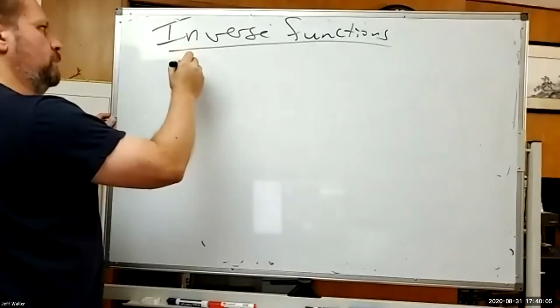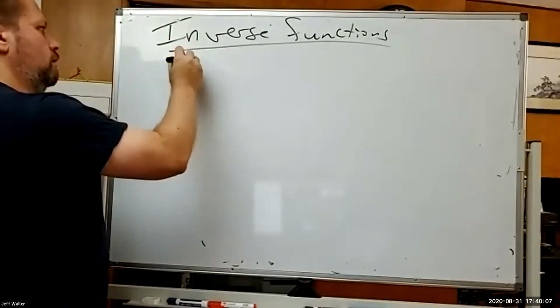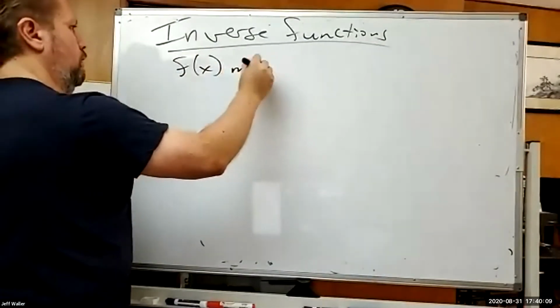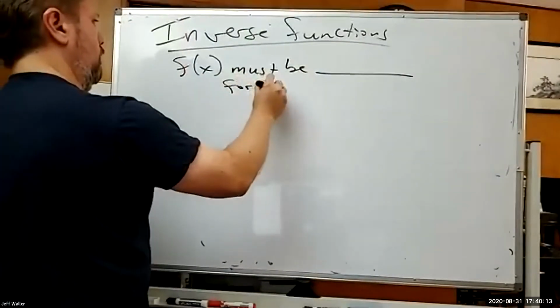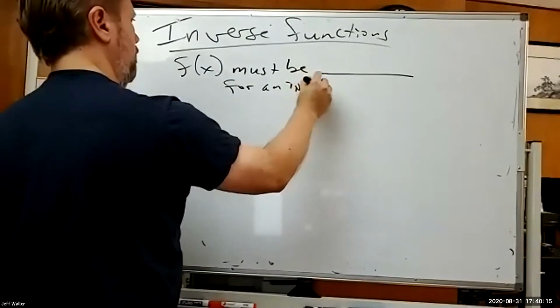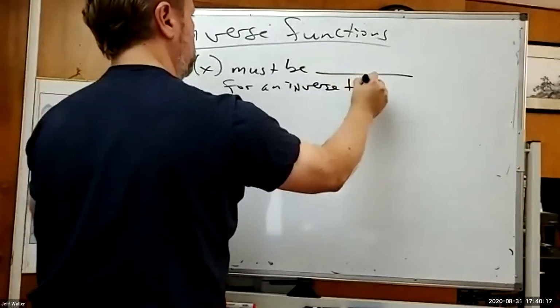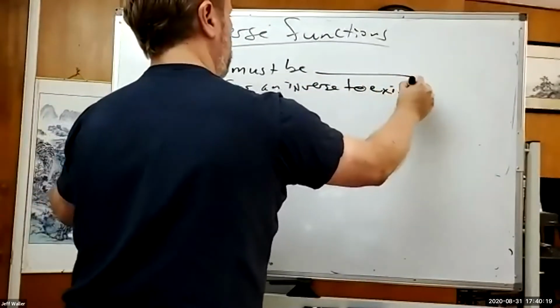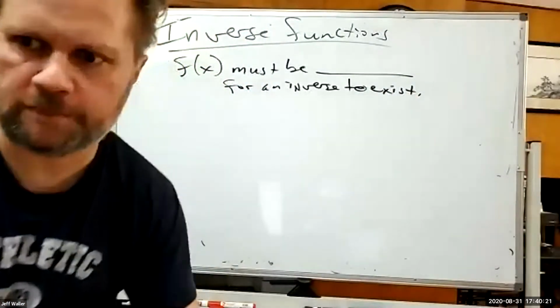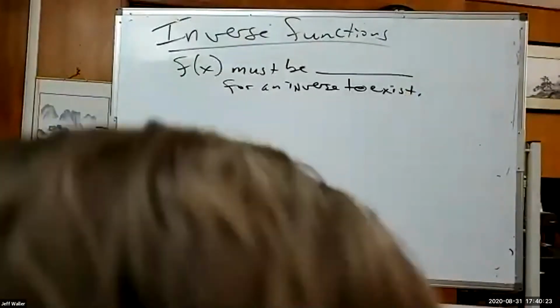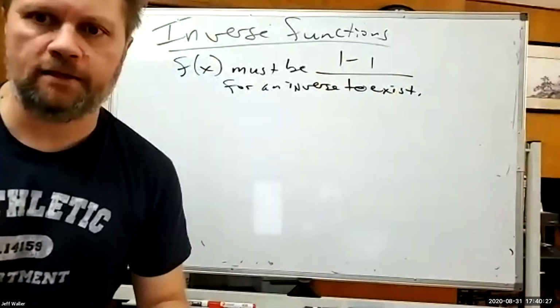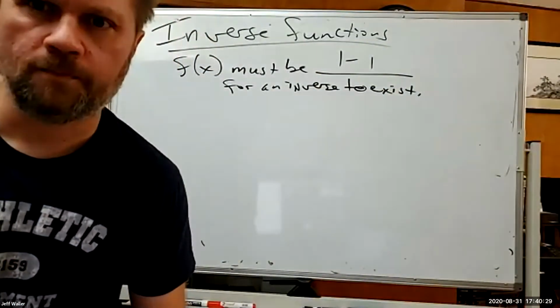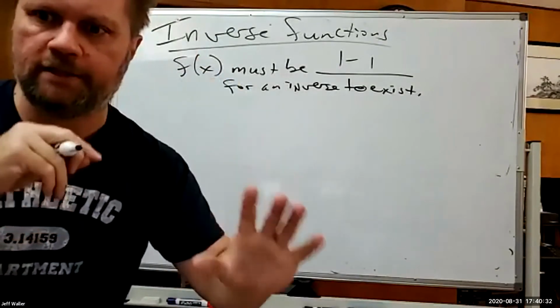What must be true for an inverse to exist? The function must be what? 1-to-1. 1-to-1, kick ass. Which means it must pass the horizontal line test. Horizontal line test. I love it.